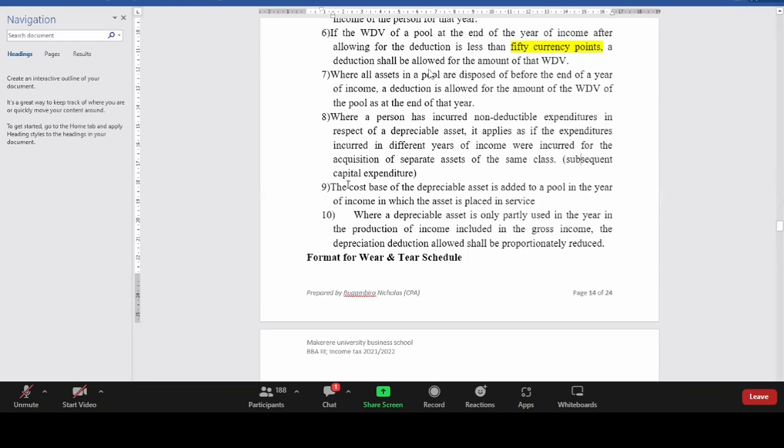Note 9. Where the cost base of the depreciable asset is added. Example here, guys, this is equally an addition. So if you find it, please treat it as an addition. Where the cost base of the depreciable asset is added to a pool in the year of income in which the asset is placed in service.